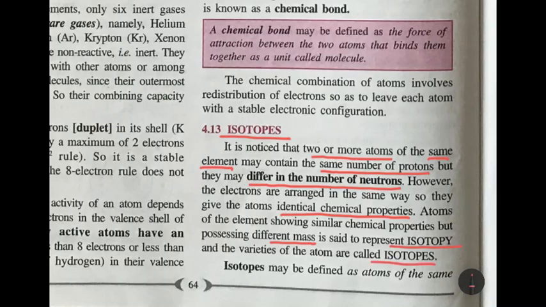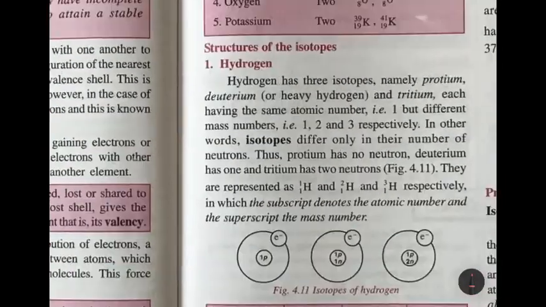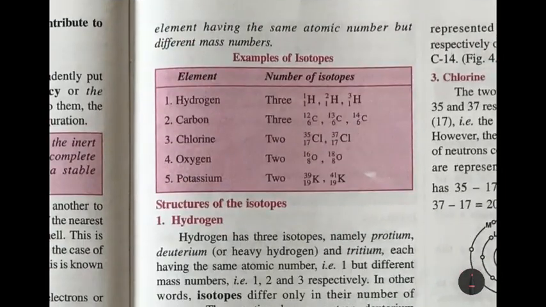So when you define isotope, you define it as atoms of the same element having the same atomic number but different mass number. Here you can see examples of isotopes. Your first assignment: you will write down this table.